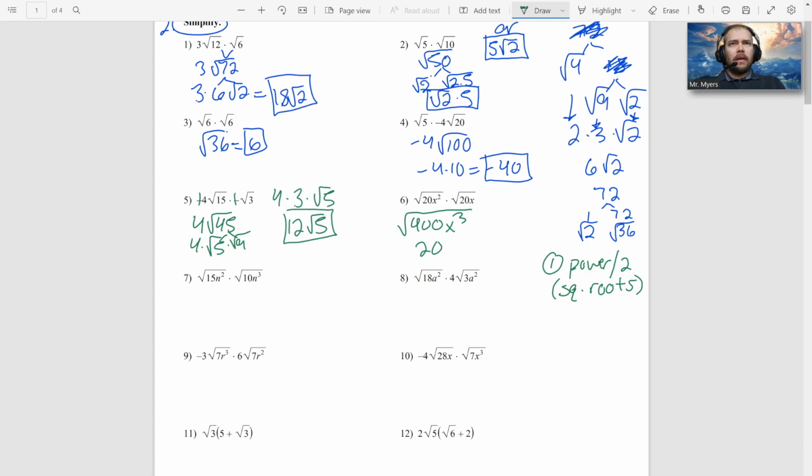Power divided by 2 for square roots, okay? So then, from here, we want to divide it all out, and you want to do that thing where you have the R for remainder. So we stop at the remainder.